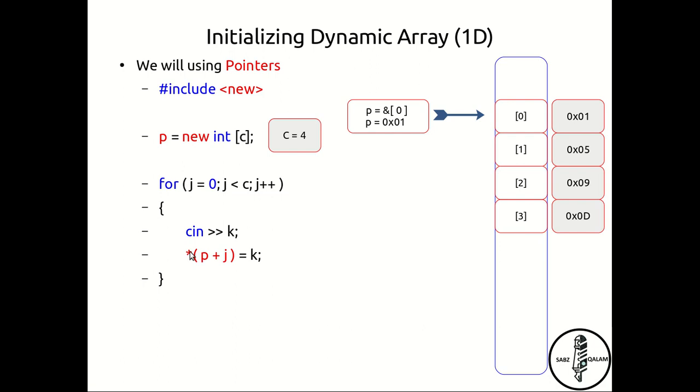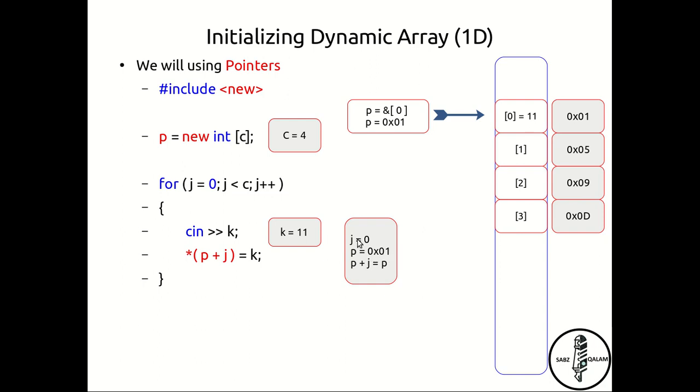Now the address is actually P plus J. Let's see how this works. In the first case, J is 0. P always points to the 0th index, so P plus 0 is the same location.